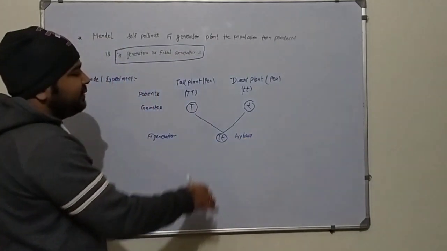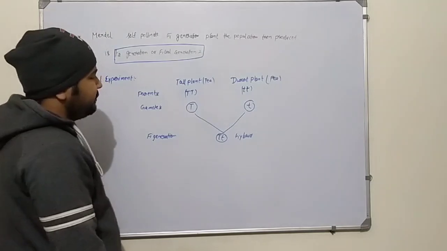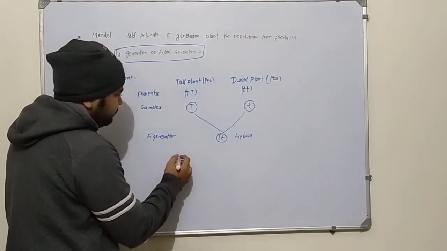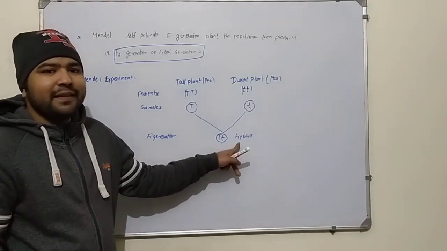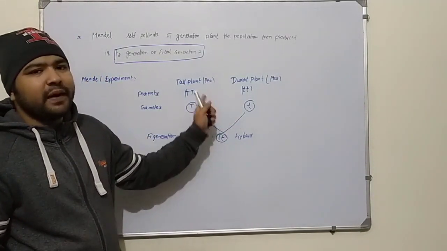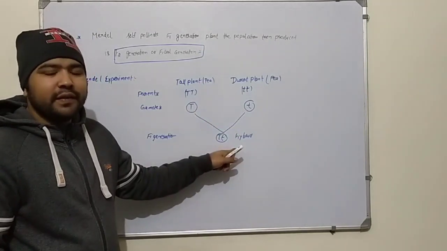These hybrids have the characters of both parents. This hybridized plant is called a monohybrid. Two alternative forms of pea plant are used for a single trait, and the hybrid that is produced is called a monohybrid.